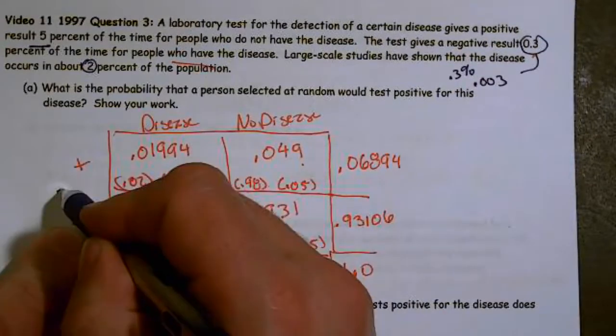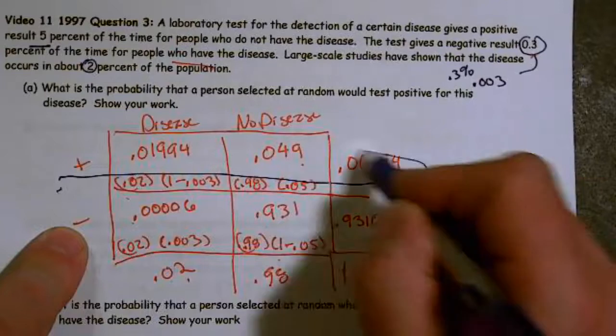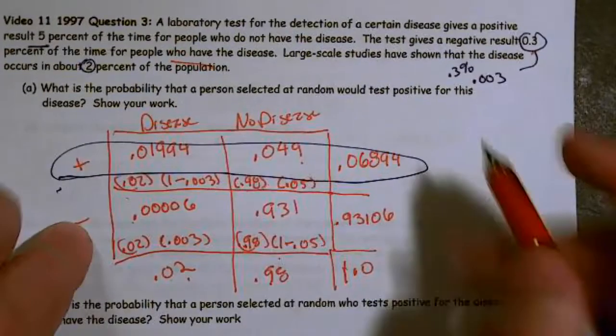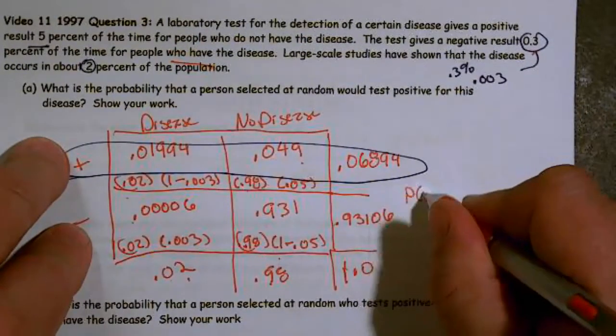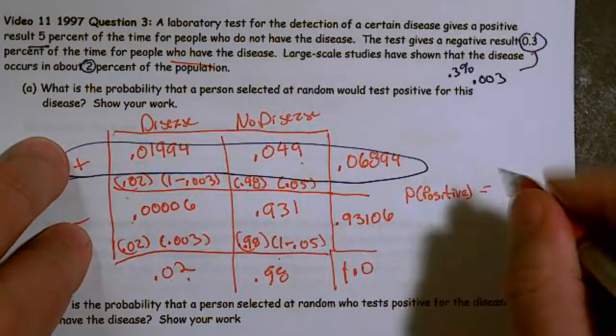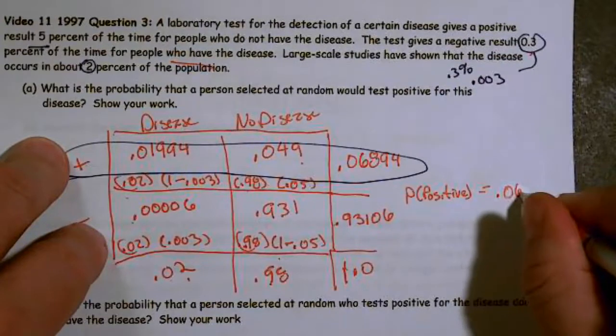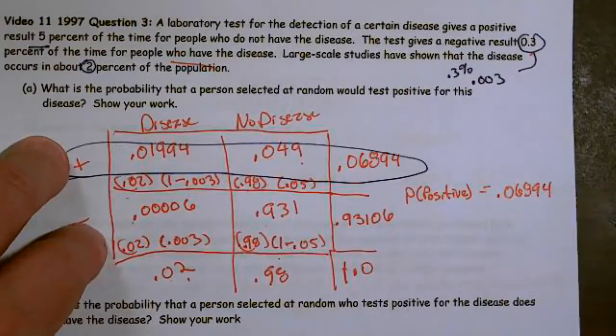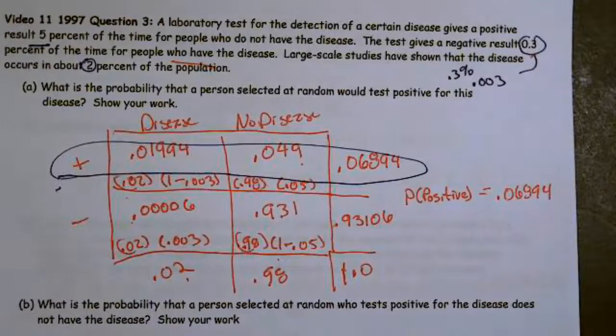Well, the probability of positive, because we always have to make sure we actually answer their question, is 0.06894. Just because you have the calculation doesn't mean you're done. You need to make sure that you've identified that you've done the work. So there's the probability of positive.